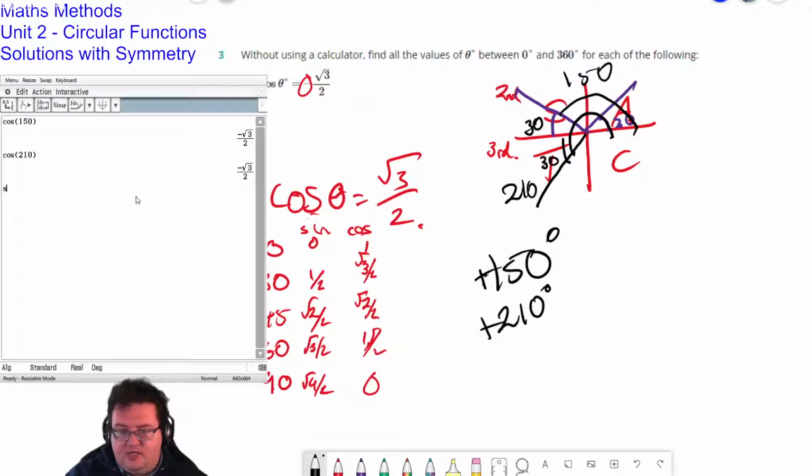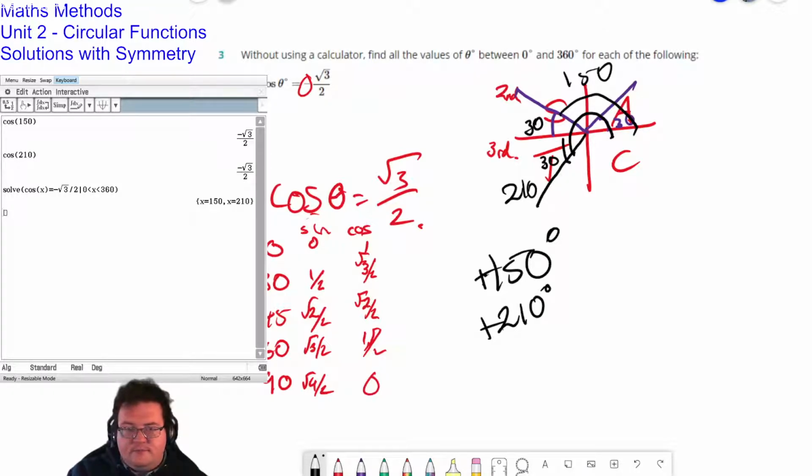I would go solve cos x equals negative root 3 on 2, and then I would go 0 less than x less than 360, and then it would spit out the answers there for me. Nice.